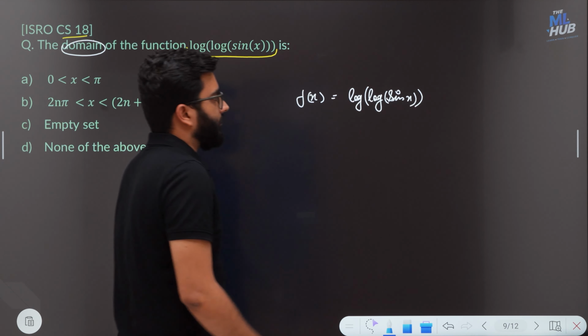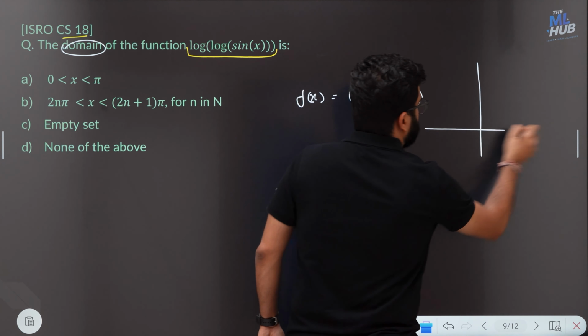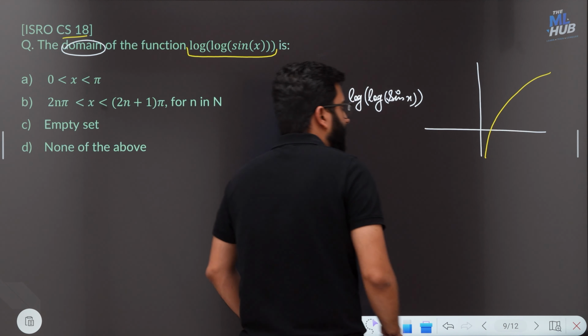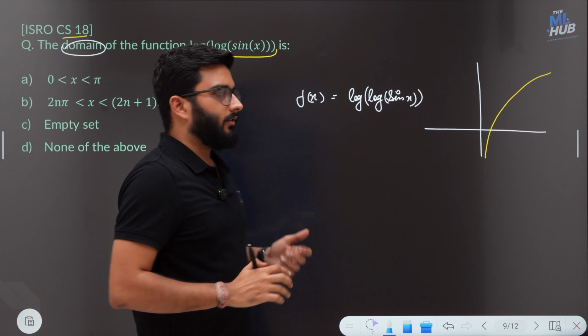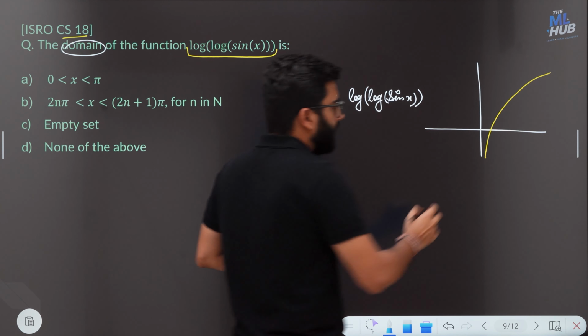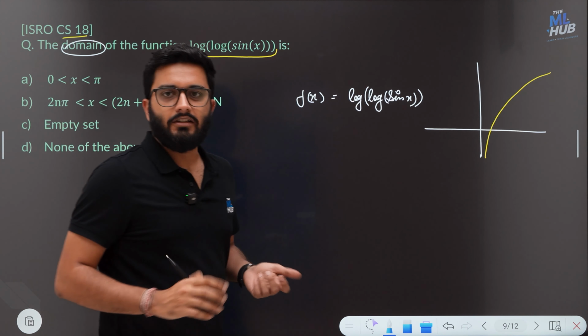This is what the function is, and we already know that the graph of a logarithmic function looks like this. So later in the next module, you will be able to easily comment about whether it is an increasing or decreasing function. But for now, since you already know the graphical representation of a log function, it is an increasing function.